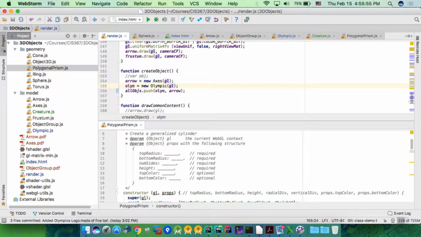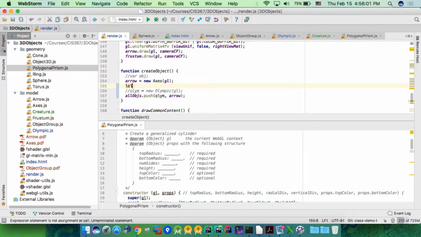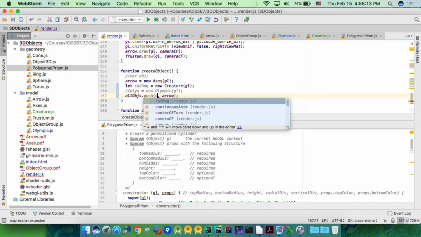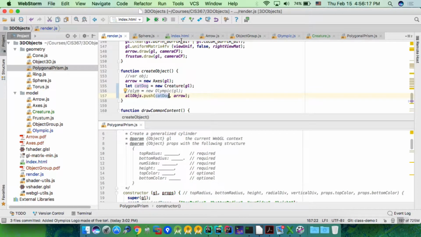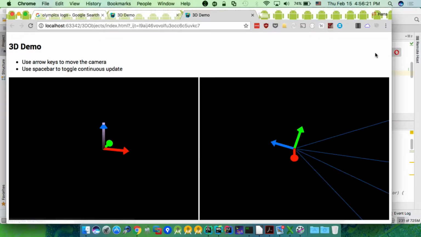I'm going to remove my Olympic, and I'm going to create my cat dog, new creature GL, and then just put the object into my all objects, cat dog. Okay, and then let's render it just to make sure that we don't have any errors.